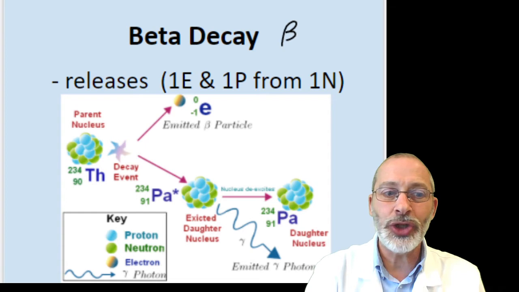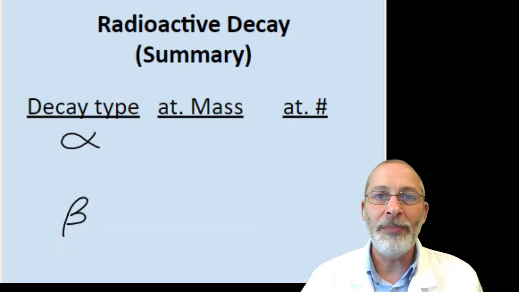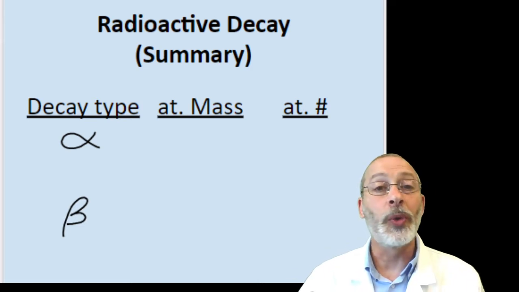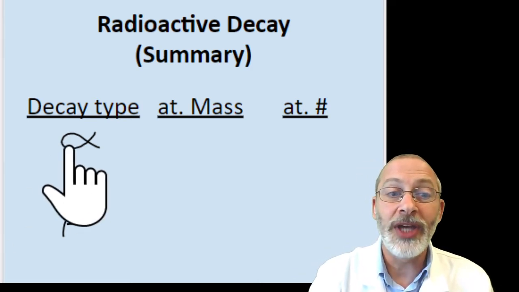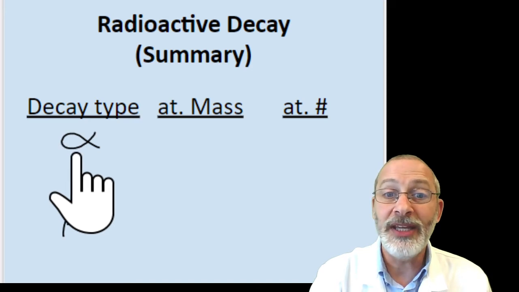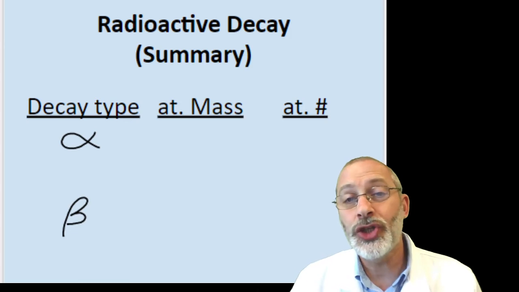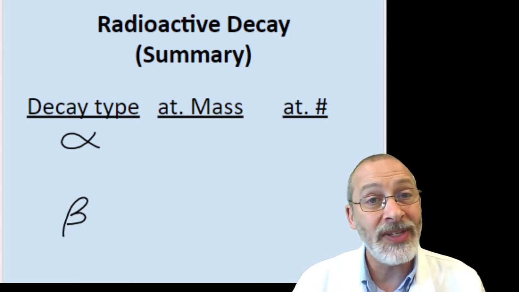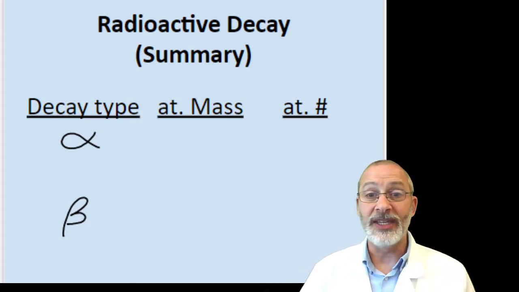So let's try and summarize this in tabular form, because it might be easier for us to work with the numbers this time around. So here are our two types of decay, our alpha decay and the beta decay. And we're going to illustrate what happens to the atomic mass and the atomic number during both of these decays.